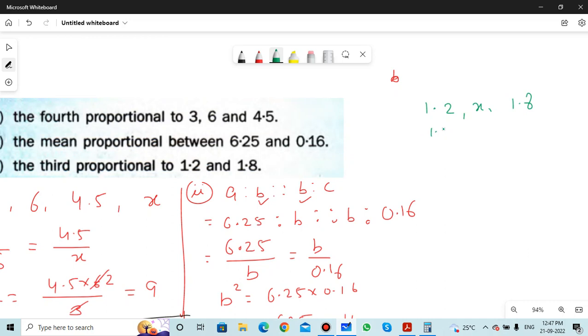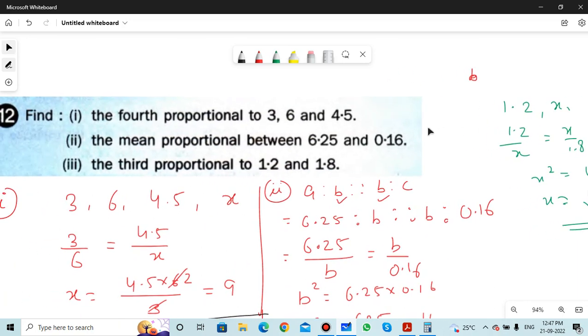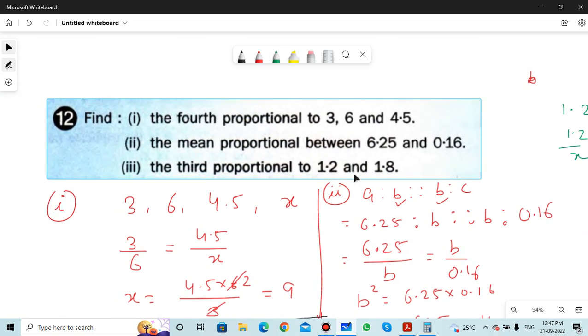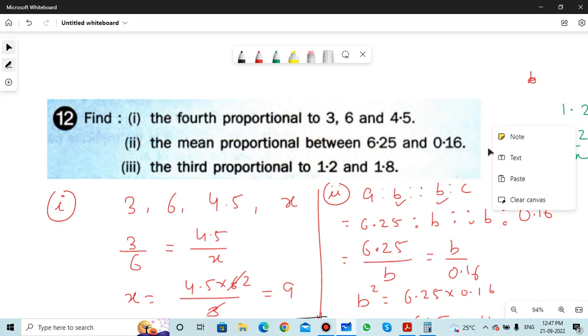We know how to do that. 1.2 upon x is equal to x upon 1.8. So x square will be equal to 1.2 into 1.8, and then you can find x is equal to the square root of 1.2 into 1.8. Clear? So remember, it depends upon the question. If they're asking you what is the mean proportion, then you have to insert x in between. If they're asking the third proportion, it will be the third member, and this is how you have to solve it.